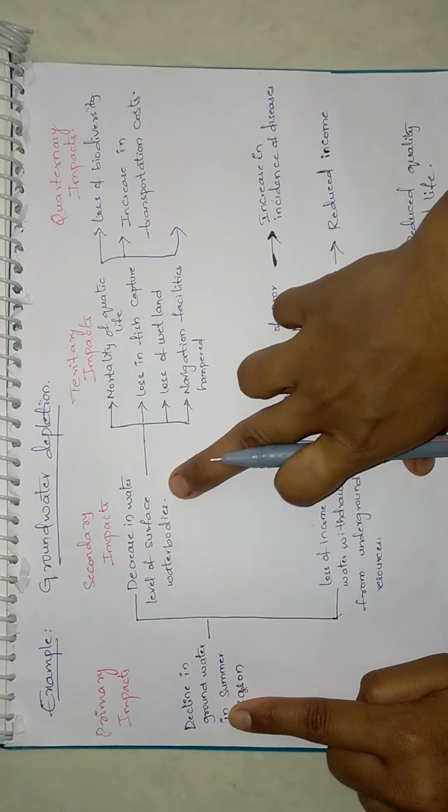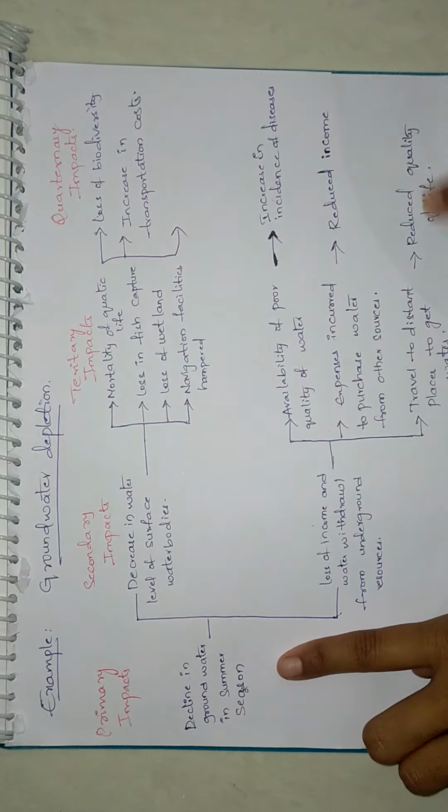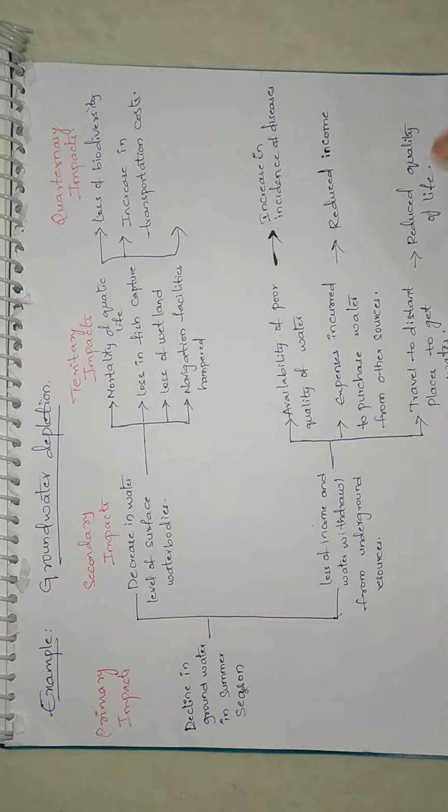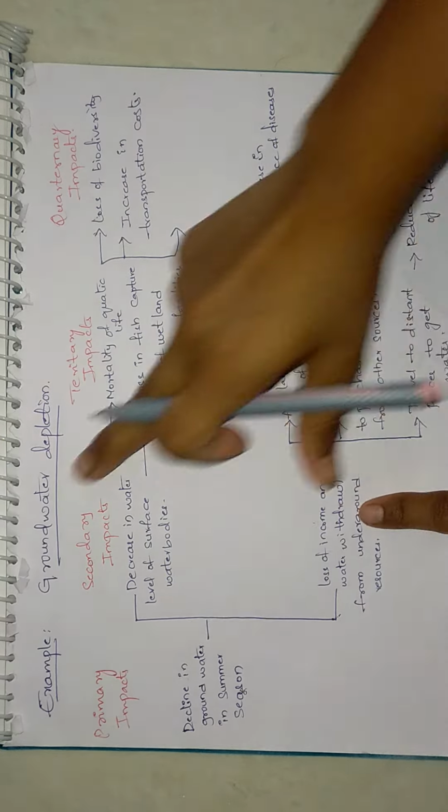So there also the water level will decrease, and income will be lost, because many people and projects are related, like producing electricity from the water. Maybe they transport this water to areas that don't have any water. So it will cause a loss of income. This is the secondary impact.